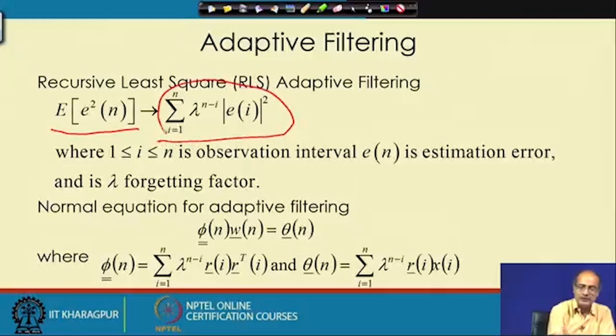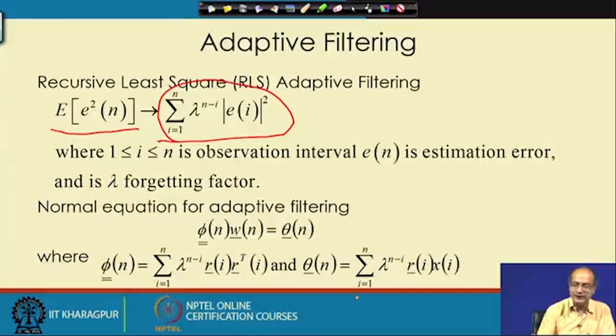We are taking a summation over the time for the last n inputs, but in this case we are taking a time window lambda. Lambda is the forgetting factor.